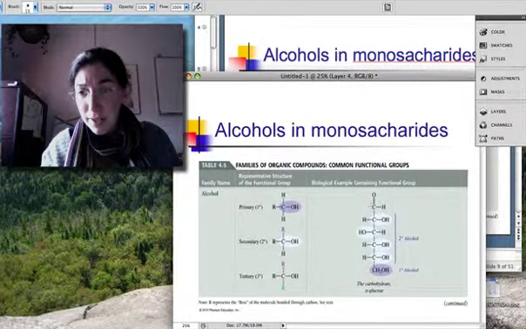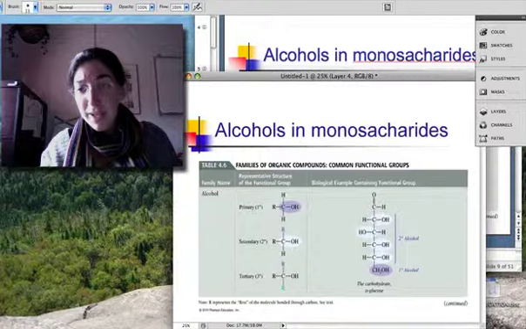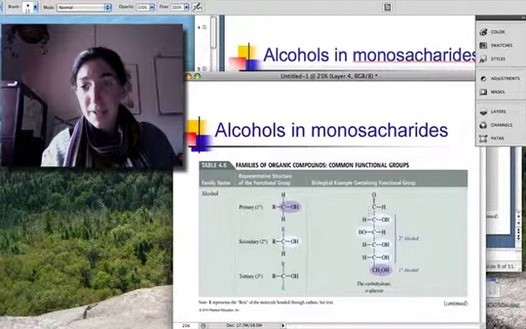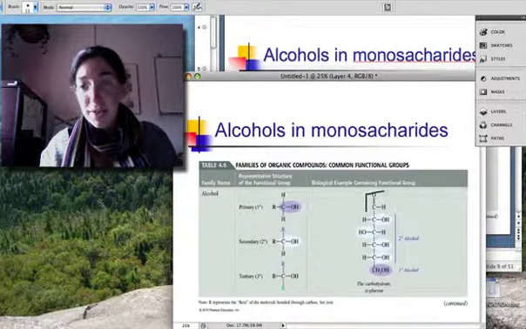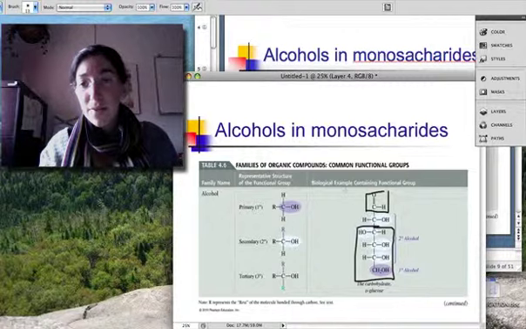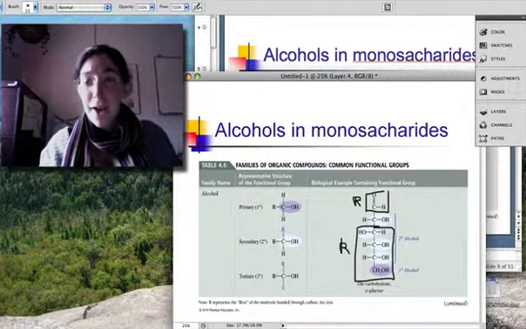For this carbon right here, the second carbon from the top, here's R group number 1. This whole thing up here is a group, okay? Then there's a hydrogen here, and then there's a whole group down here. So we've got R, and then a hydrogen, and the alcohol functional group.